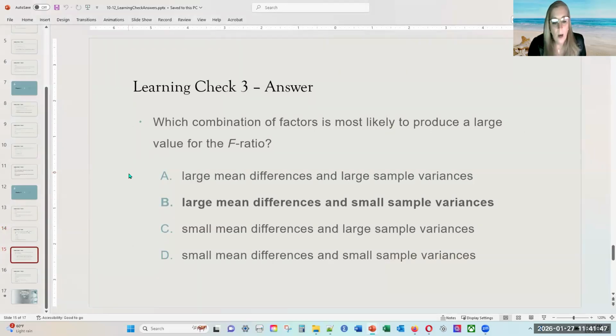It will occur when there are large mean differences and small sample variances. So if there's a lot of variance between groups compared to the amount of variance within each group, you're more likely to find a significant F ratio.